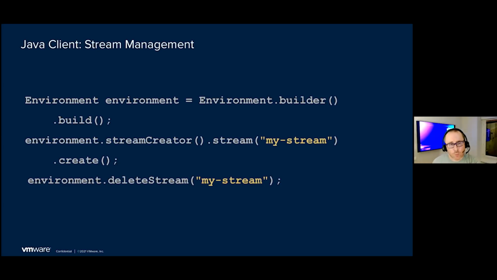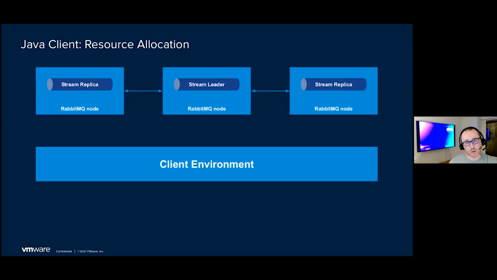With the environment, you have a couple of methods to manage streams. So you can create new streams, you can delete streams. And it is from this environment object that you can create publishers and consumers. Let's say that this environment object, which is really a client-side concept, is the layer between your client application and the cluster.